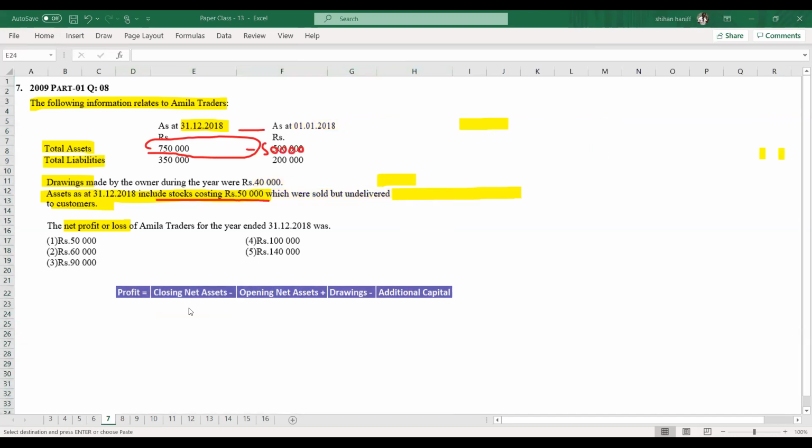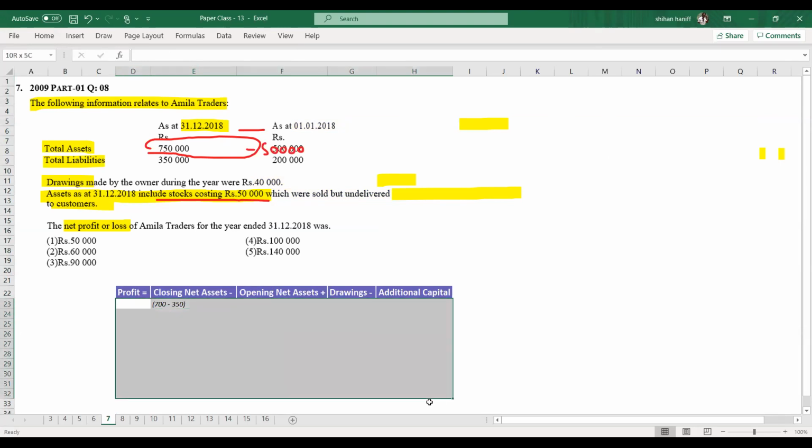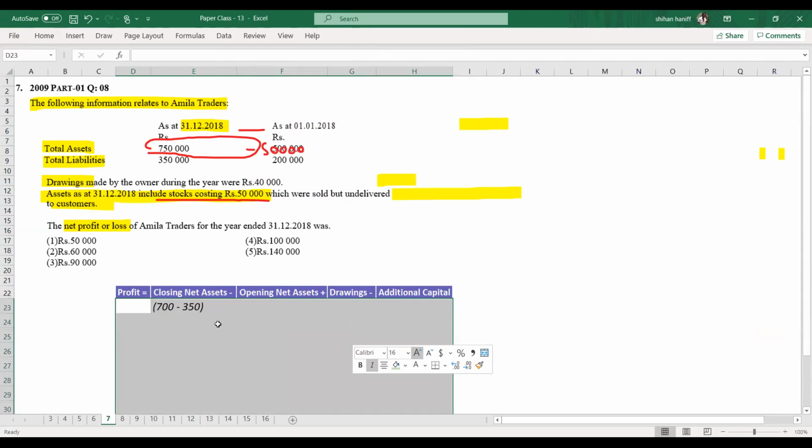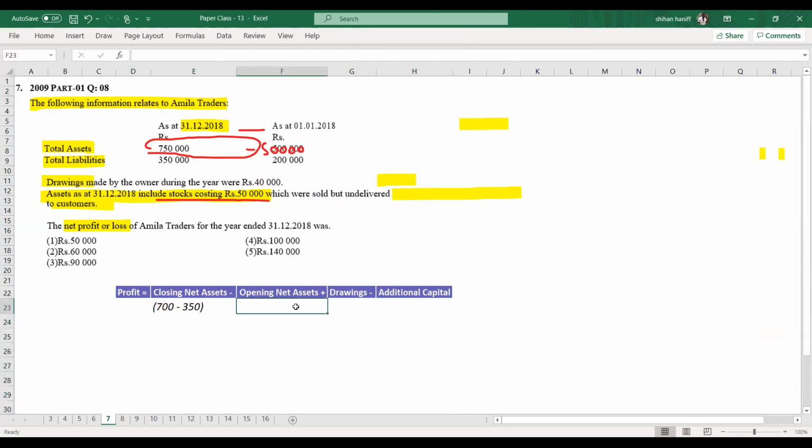Profit equals closing net asset. Closing net asset means 700 minus 350. Asset minus liabilities. Opening net asset is, how much is opening?